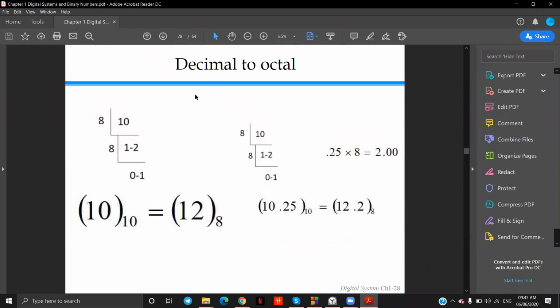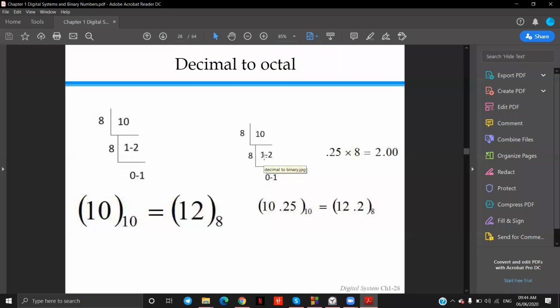Now, if you convert this decimal to octal, similarly, divide 10 by the base of octal, that means 8. If you divide 10 by 8, you get 1 as the quotient and 2 as the remainder.